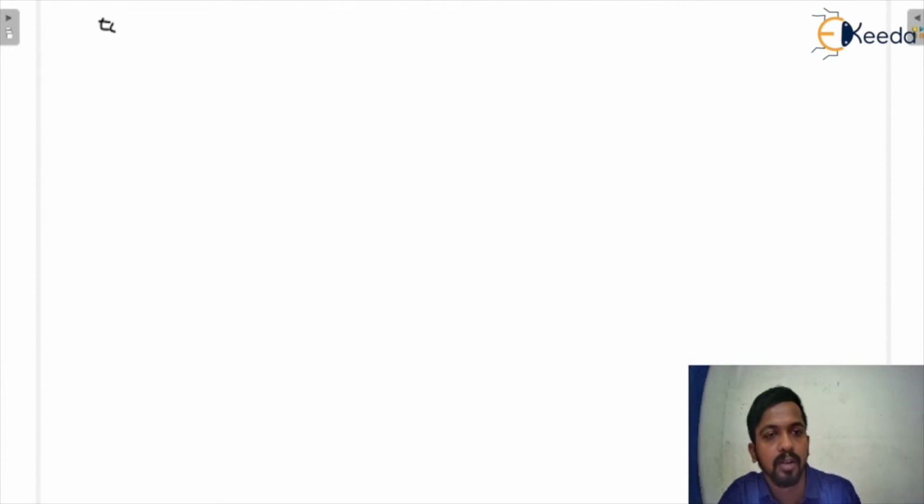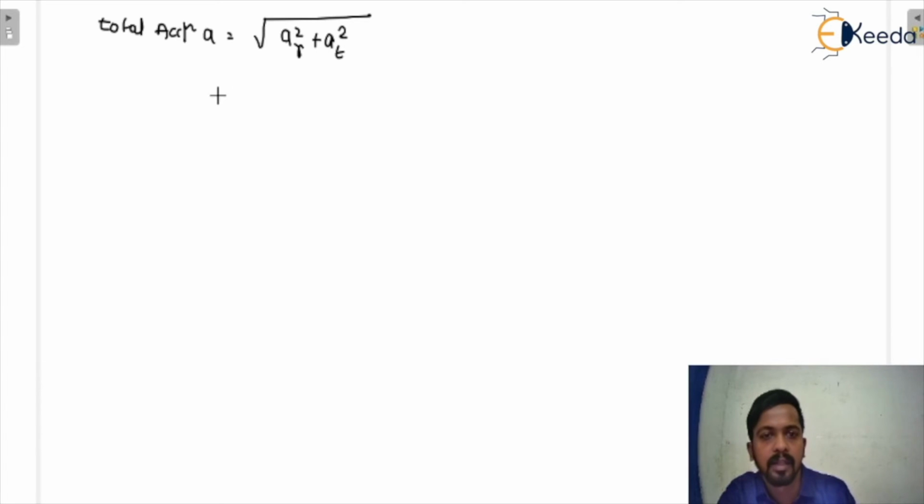So the total acceleration is equal to the root of AR square plus AT square. AR we have calculated as 5, so 5 square plus 12.5 square.